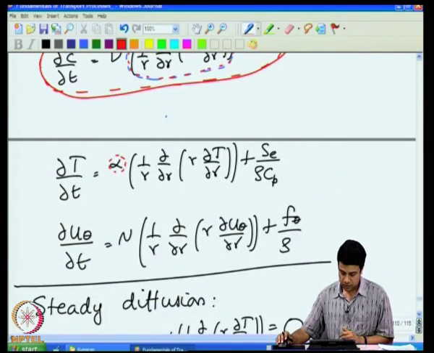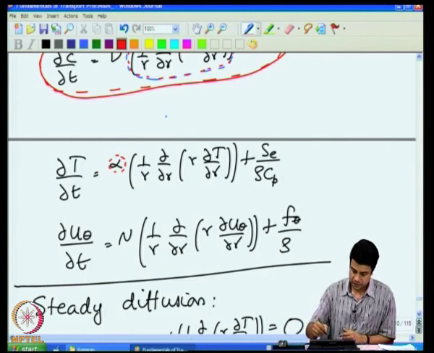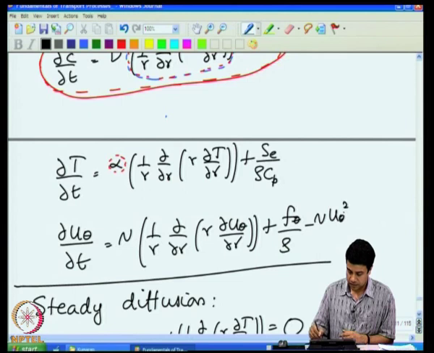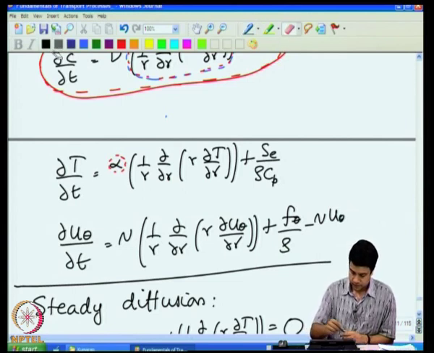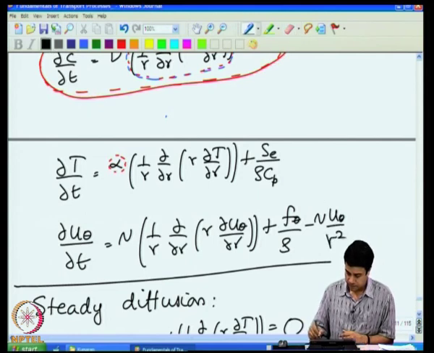Okay. I had also told you that you can also write a similar equation for the temperature field and the velocity field. The velocity field is a little more complicated than this. Okay. I will not go into the details right now, but you should also have another term that goes as nu times u theta by r squared.